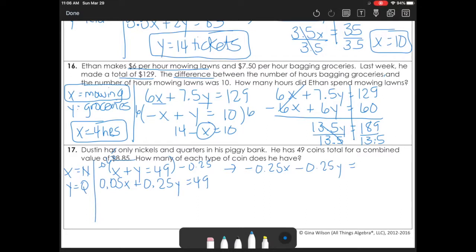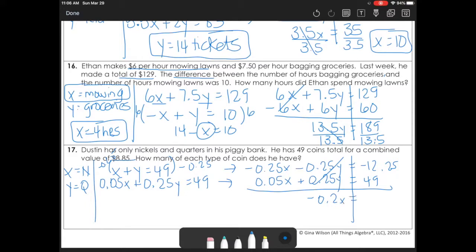Put the other equation underneath: 0.05x plus 0.25y. There's the 0 pair, 49. This is going to be negative 0.2x, plus 49, 36.75. Wait, why is it negative? It can't be negative.